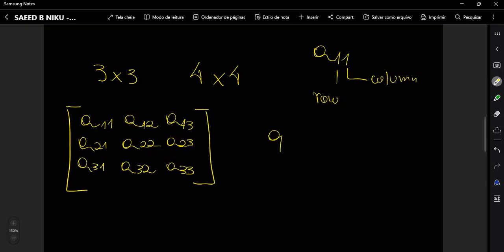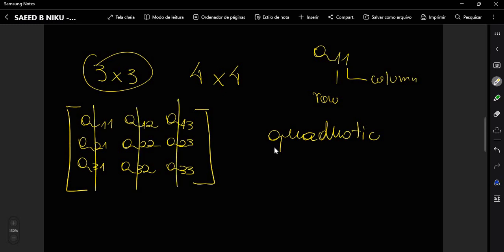And quadratic means that the number of rows is the same as the number of columns. So as you can see right here on this 3 by 3 matrix, we have 3 columns and 3 rows.